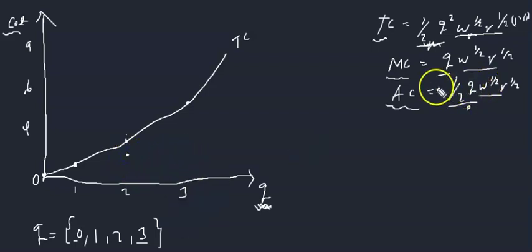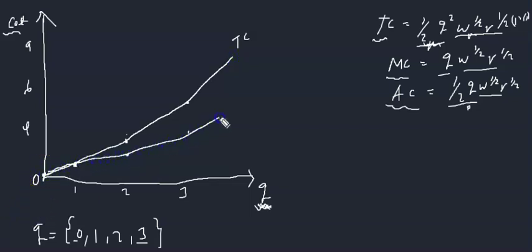If we put a 3, we will have 1 point something, and 1 point something will be somewhere here. So this curve will go like that. So this is the AC.